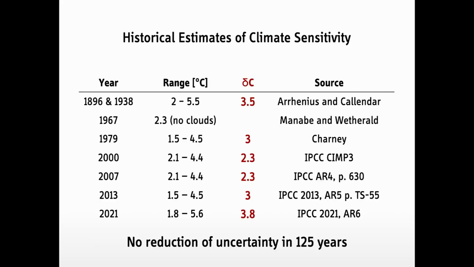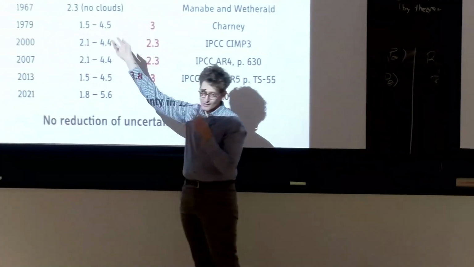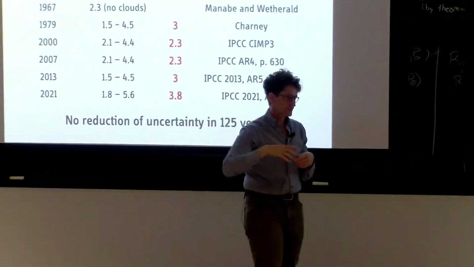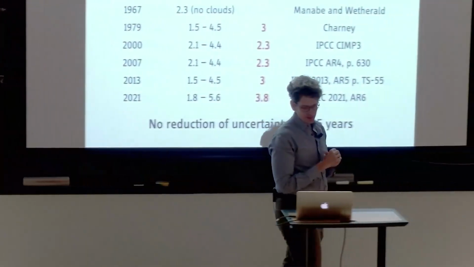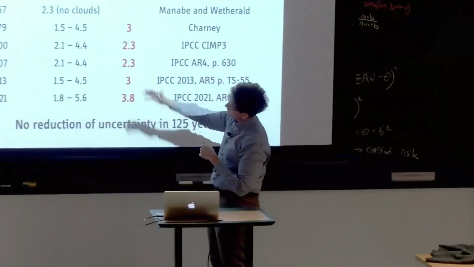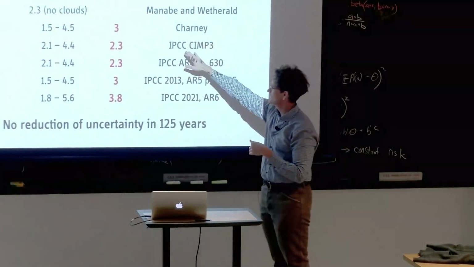The parameter of relevance, after all the climate models do their thing, is called the climate sensitivity. This is the expected change in degrees C temperature arising from a doubling of CO2. And we began making these estimates in 1896. And as you can see, over the decades, there have been many estimates, including the emergence of the IPCC.